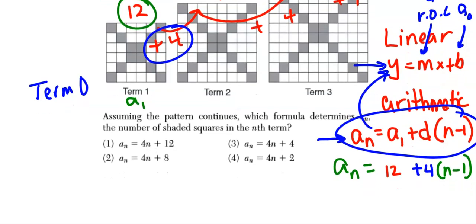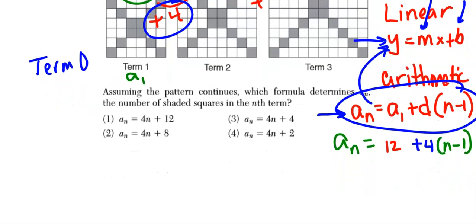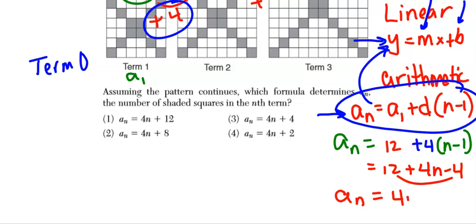Now you can rearrange this formula by distributing the 4 into those parentheses, giving you 12 plus 4n minus 4, and then combining like terms, which would leave us with the answer in any position is 4n plus 8.